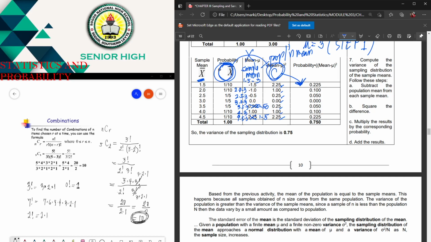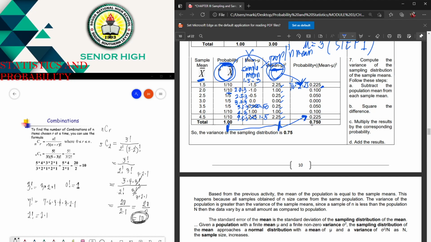Again, probability times this. So, 1 over 10 times 2.25, this is the answer. Do you get it? Again, probability times the mean squared, this is the answer. You just multiply this line to here, then the answer will be here.